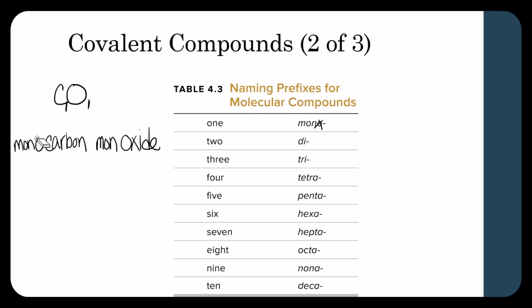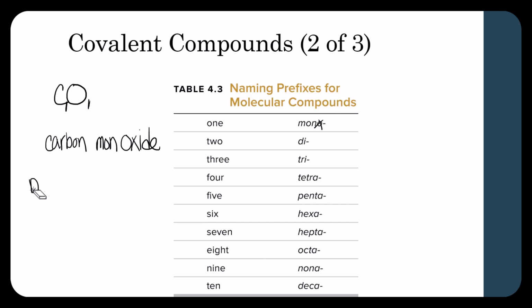But do we say monocarbon monoxide? No, we don't. What do we call this? Simply carbon monoxide. That's the second exception to the rule.